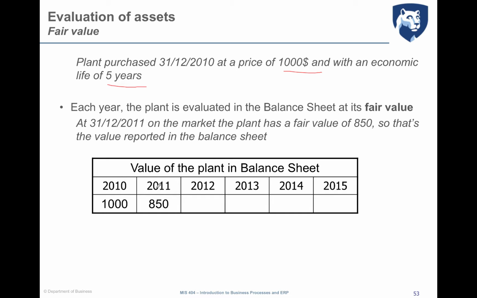Of course, for example, in this case, in 2011, we see that the market value of this asset has decreased to $850, which was different compared to the previous example.